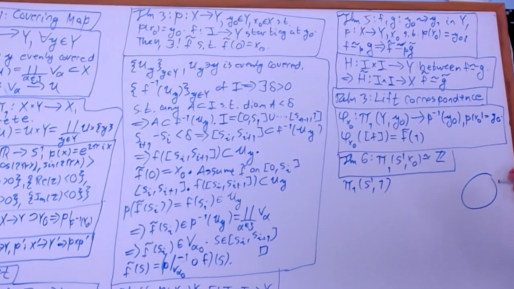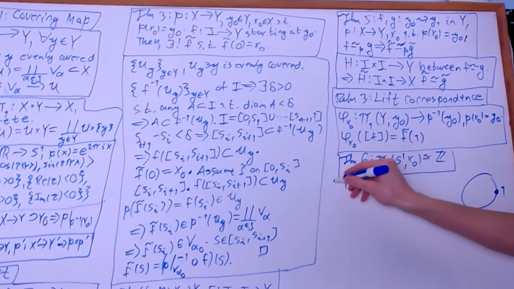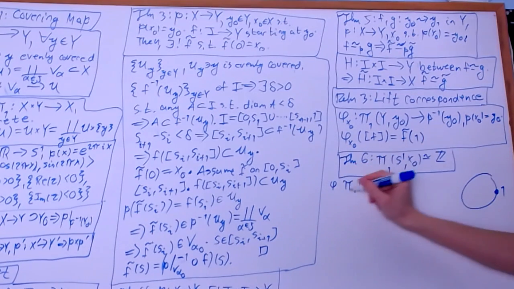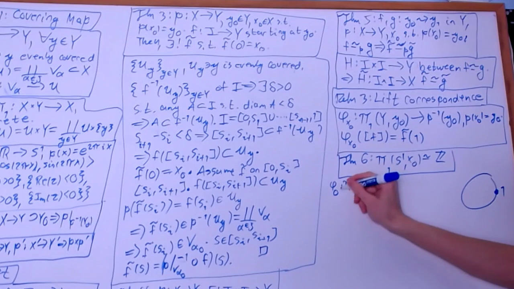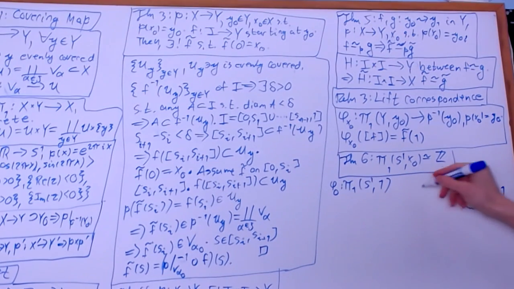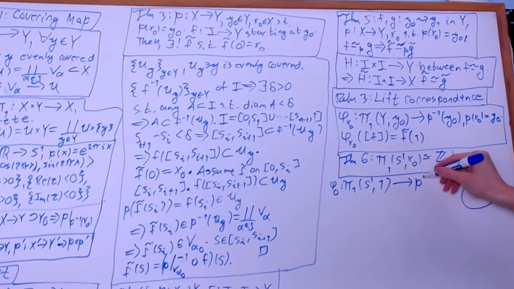This is the circle, right there is the point 1. Then we have this map phi. Let's go ahead and pick a base point at 0. That will be moving into p inverse of our base point, which is 1. P inverse of 1, if you remember, is just the integers.